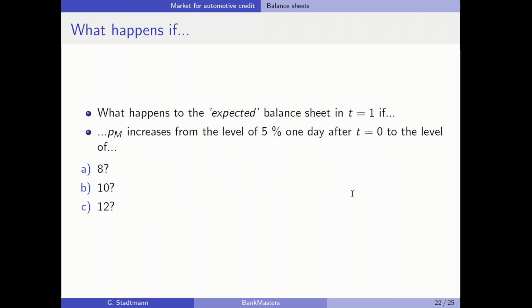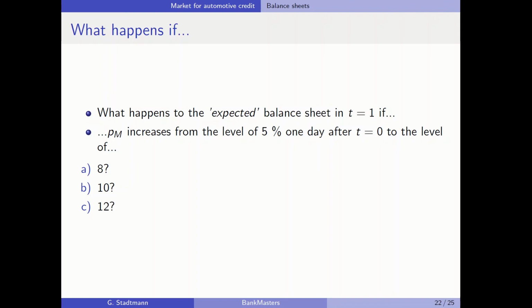What happens to the expected balance sheet in t equal to 1 if the money market rate increases from the level of 5% one day after t equal to 0 to the level of 8%, to the level of 10%, or to the level of 12%?